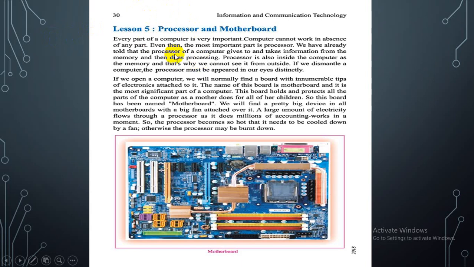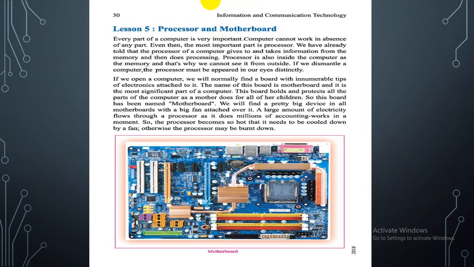So the function of the processor is that it gives information to and takes information from the memory, right? So the processor's function is two: one is giving and taking information from memory, another one is doing processing.